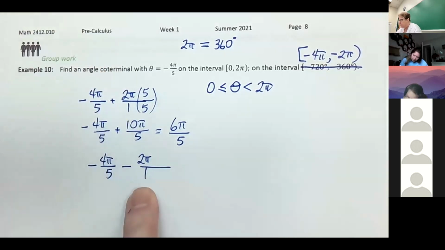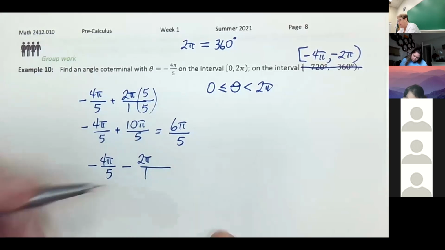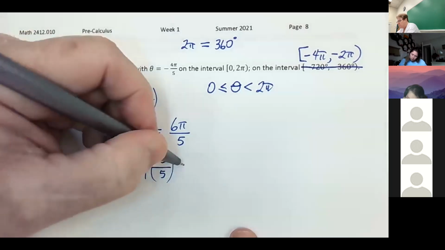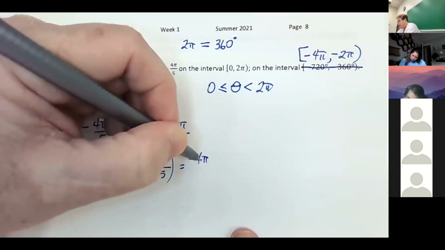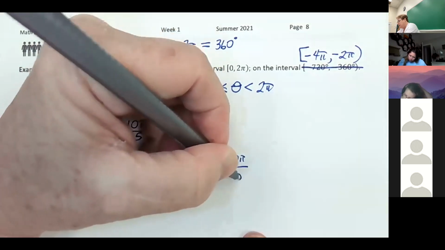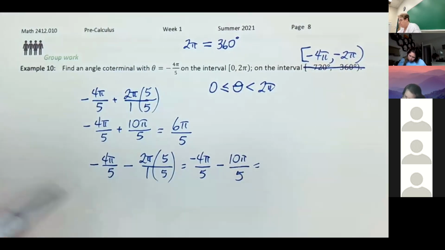I write 2 pi over 1 because I'm combining with a fraction. We have to get a common denominator again, and we get negative 4 pi over 5 minus 10 pi over 5. And what is that?